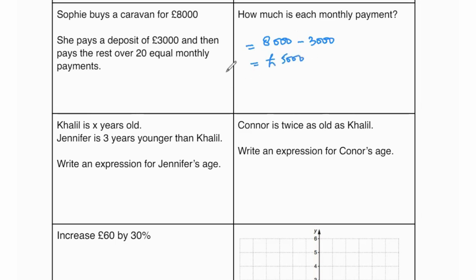So now this 5,000 pounds is being equally distributed over 20 months. So for each month, her payment is going to be 5,000 divided by 20, which is basically 250 pounds.